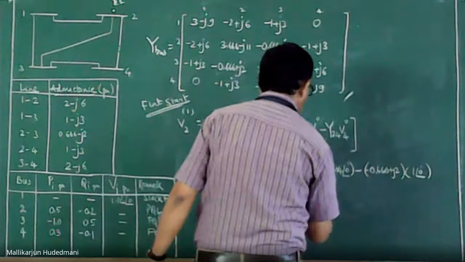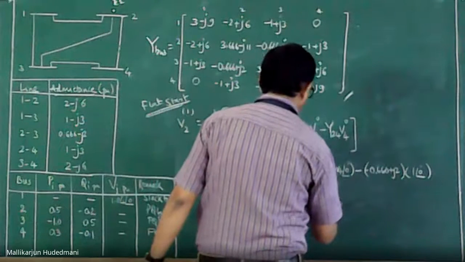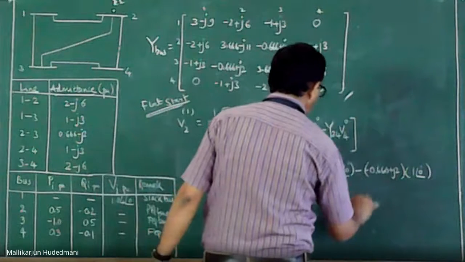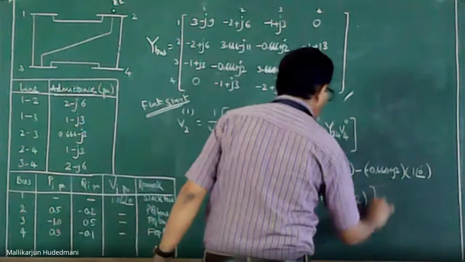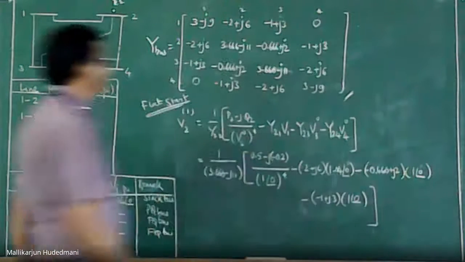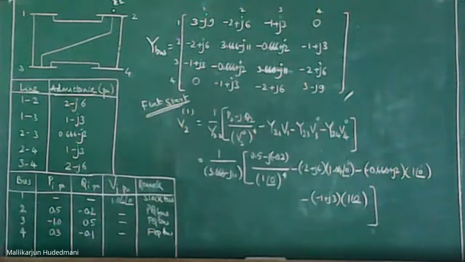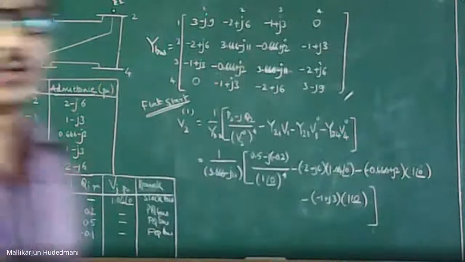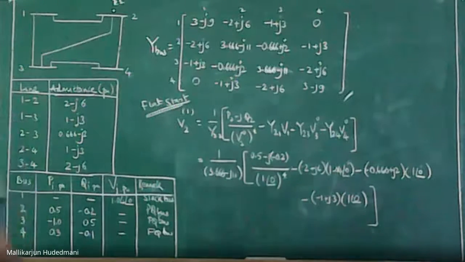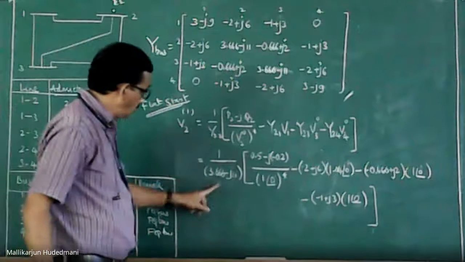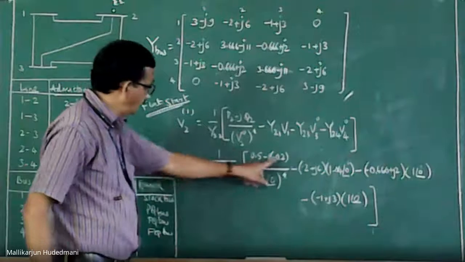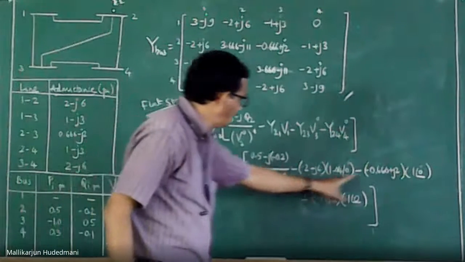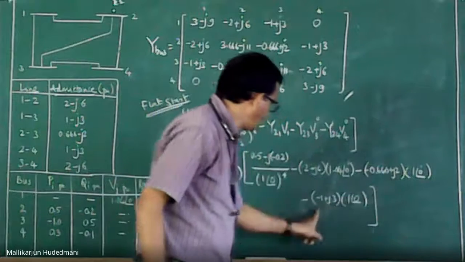Minus the last term, 24, minus 1 plus J3 in the bracket, 1 angle 0. So hope you are able to see this term represented over here. Okay. It is 1 by Y22, P2, Q2, V2 0, Y21, V1, Y23, V3, Y24, V4.